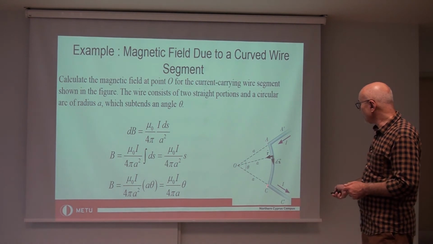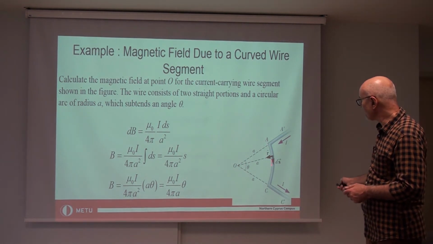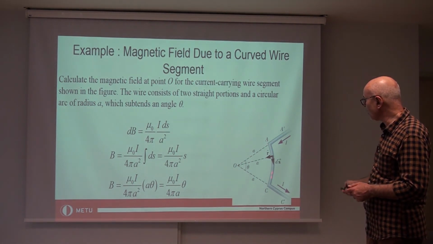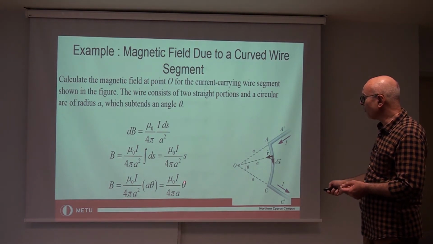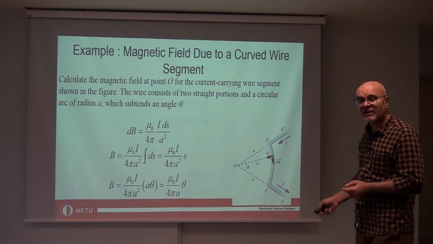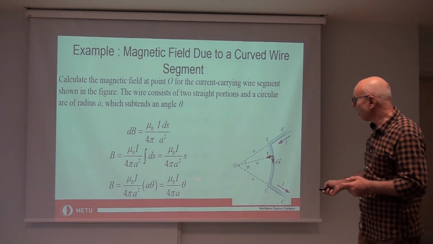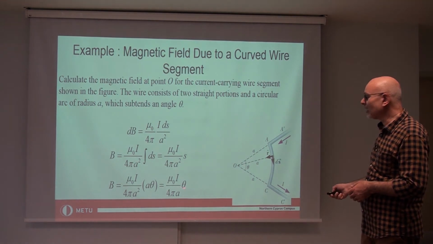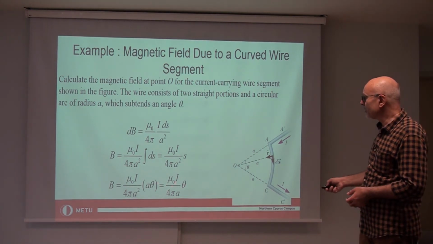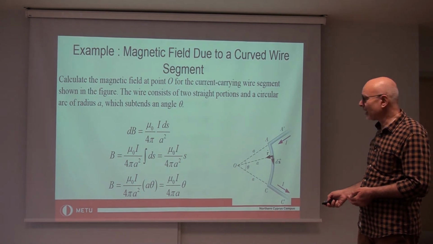So for an arc here, the magnitude of the magnetic field is always mu naught I over 4 pi a multiplied by theta. Theta here is in radians, not in degrees. Okay, and this is quite a simple expression. So depending upon how large theta is, you get the magnitude of the magnetic field.